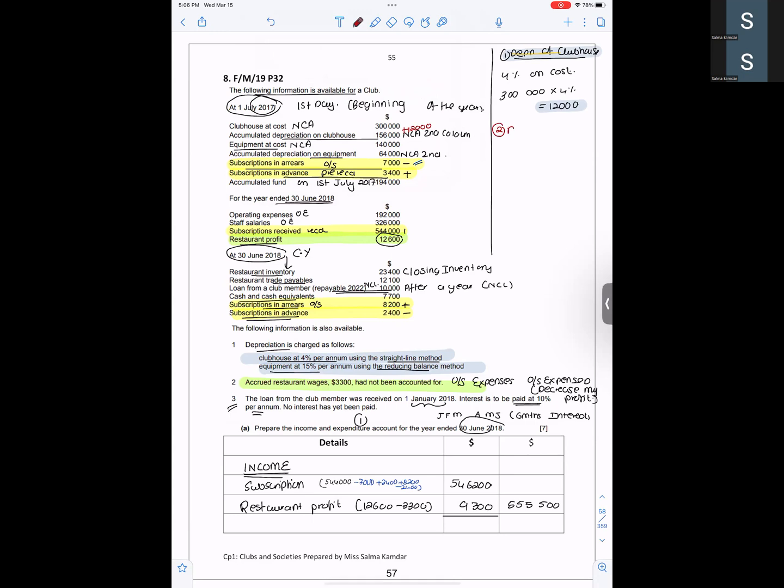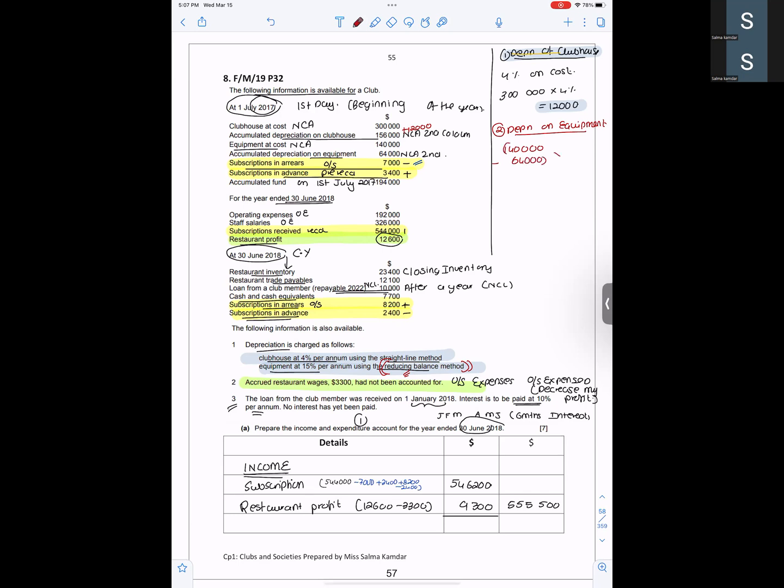Second, I have depreciation on equipment. How much is my depreciation on equipment? It is on the reducing balance method. That means I have to reduce the value. So it is 140,000 minus 64,000.